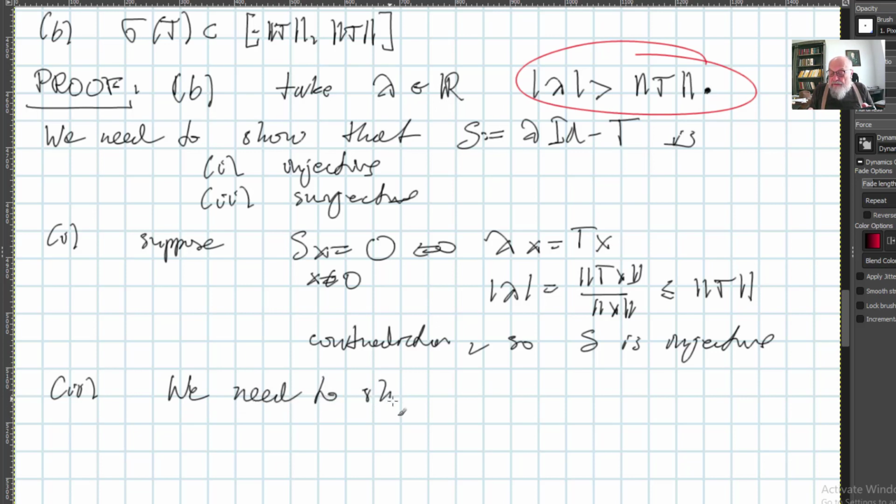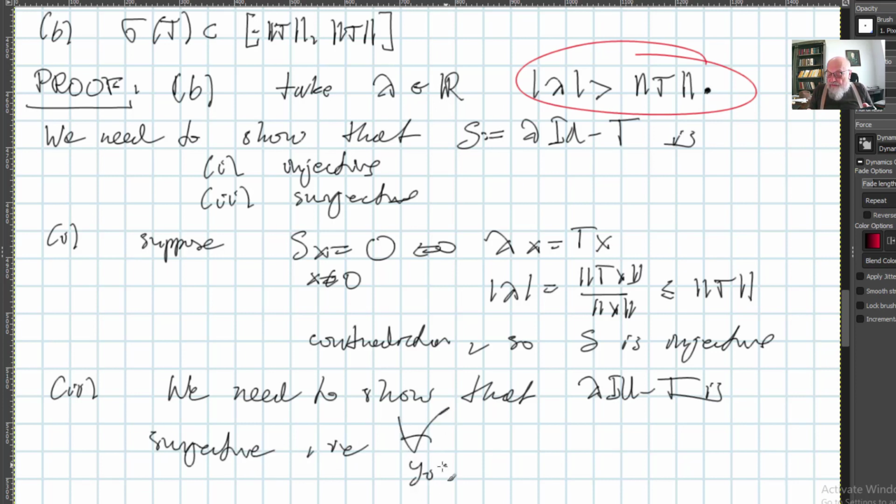We need to show that this operator, lambda identity minus T, is surjective.